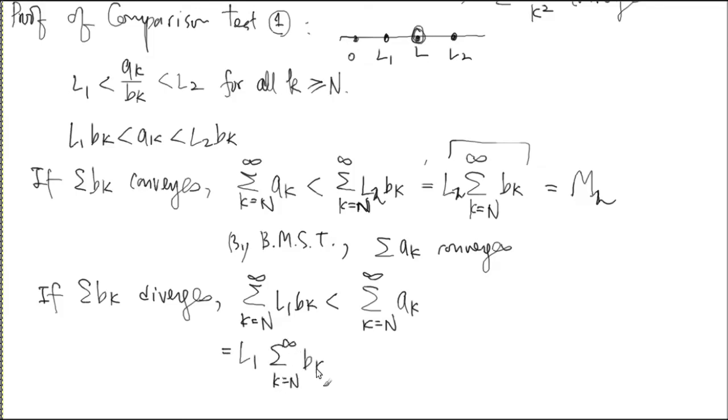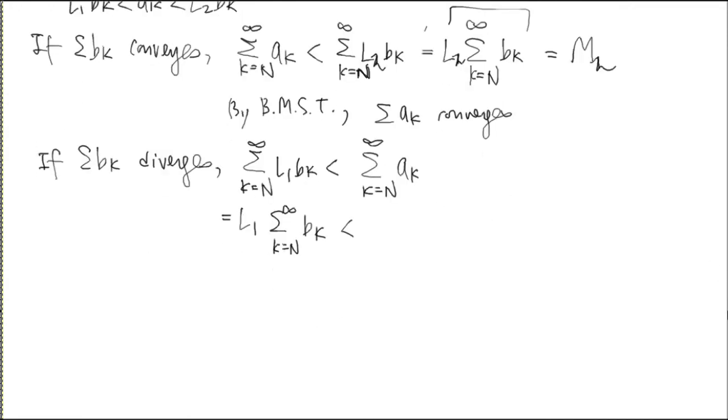And we know this guy goes to infinity, right? Because BK diverges, and BK are positive numbers. So this guy is going to infinity, and the sum of AK from 1 through N is just a finite number, so it pushes to infinity as well. So you can conclude that the series AK diverges, no matter what happened up to capital N, because the convergence is determined by what happened afterwards.